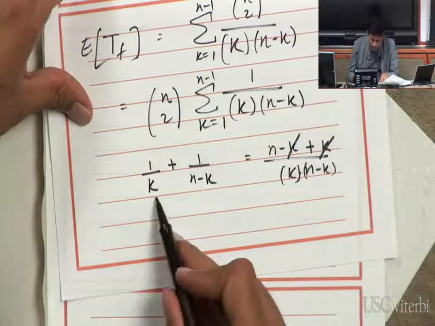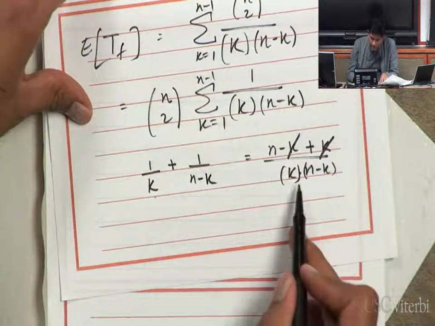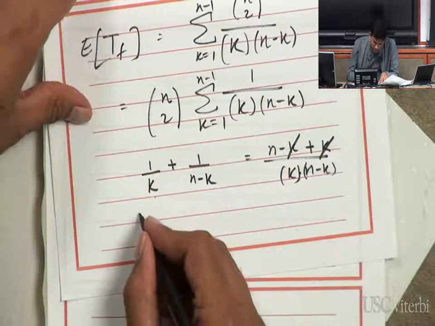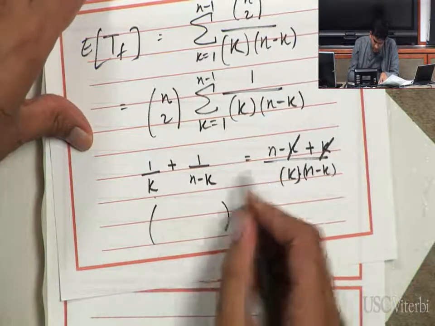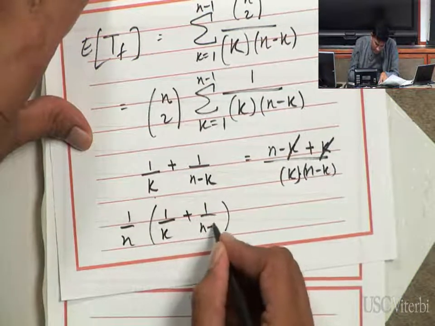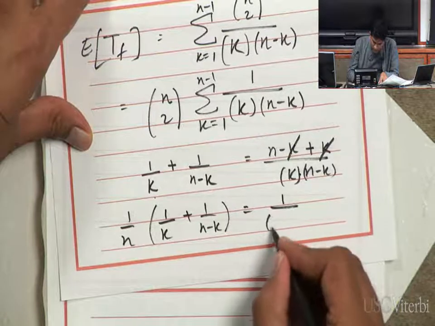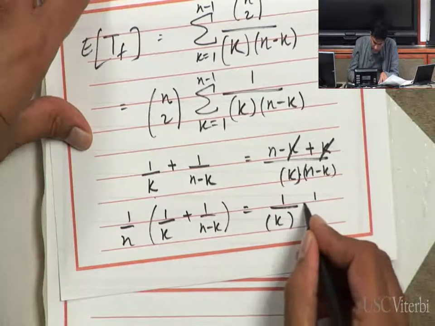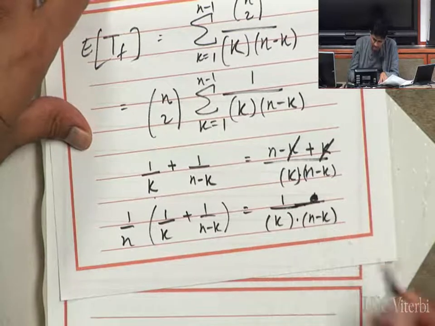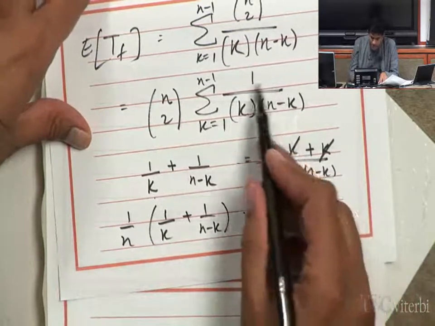Right? So in other words, the sum of these two numbers equals n over k times n minus k. In other words, if I take that n down here, 1 over n times 1 over k plus 1 over n minus k equals 1 over k times n minus k, which is exactly what we have here.